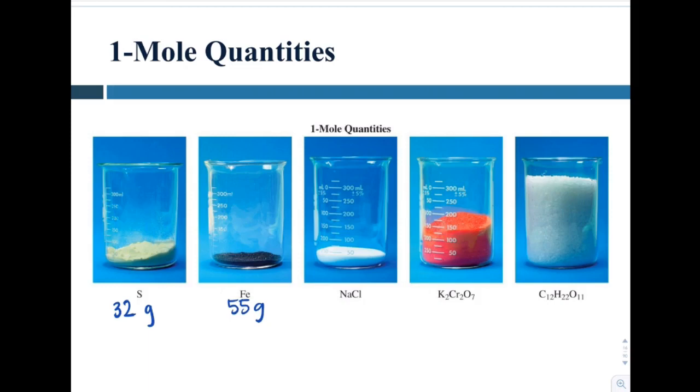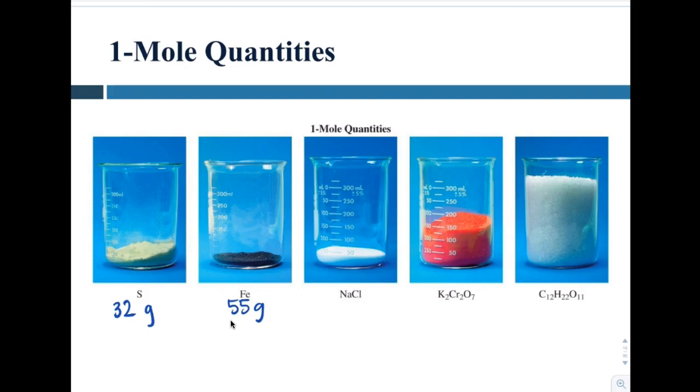And so thinking about what a mole is, you can look at kind of how dense, right? How big or how small these particles are. The sulfur, it looks like more, right? But the iron is more dense. And so you can kind of think about maybe the size of the particles, the space between the particles.